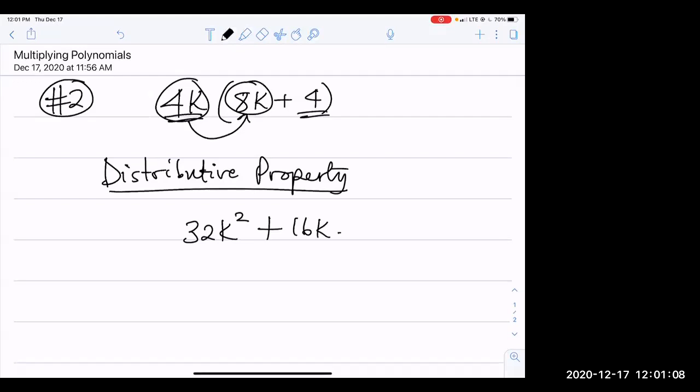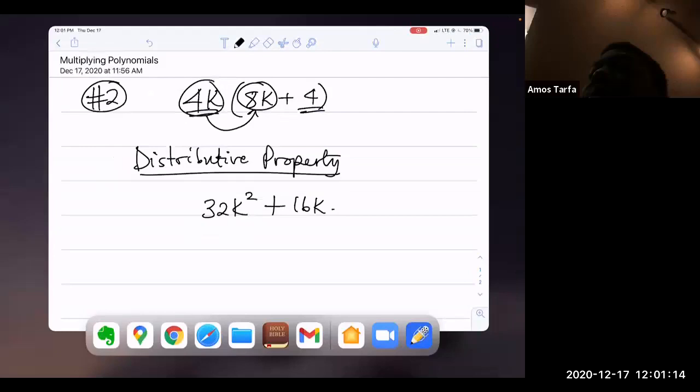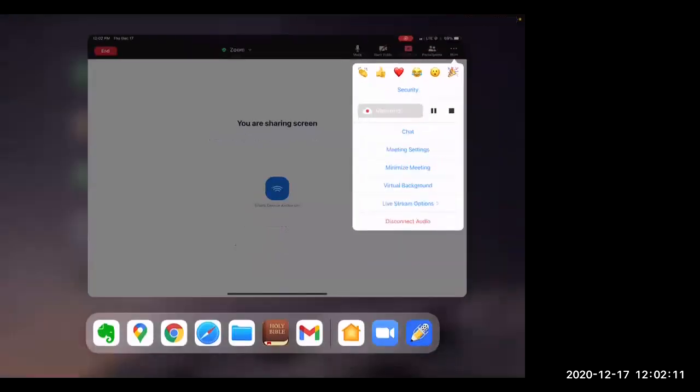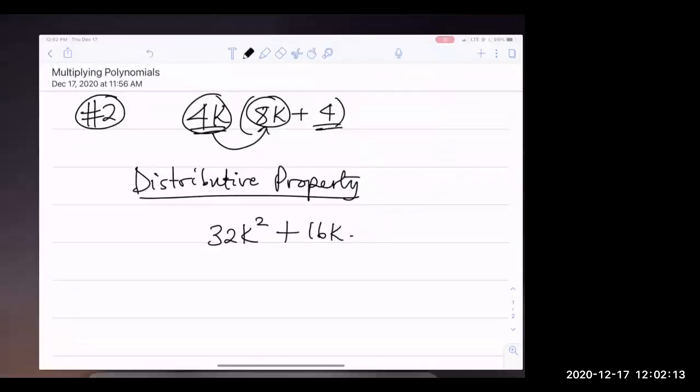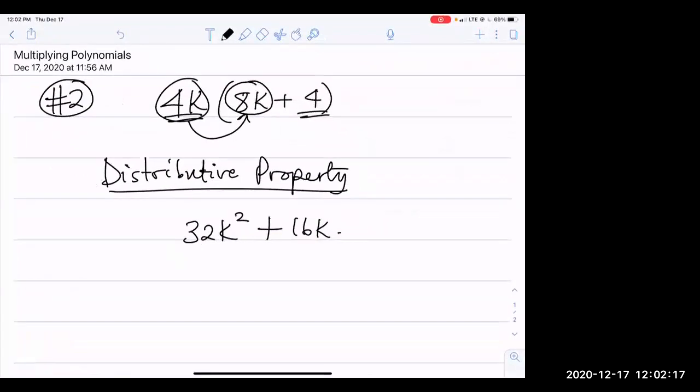That's what we're doing when we're distributing. So we have 32k squared plus 16k. That would be our answer for number 2.